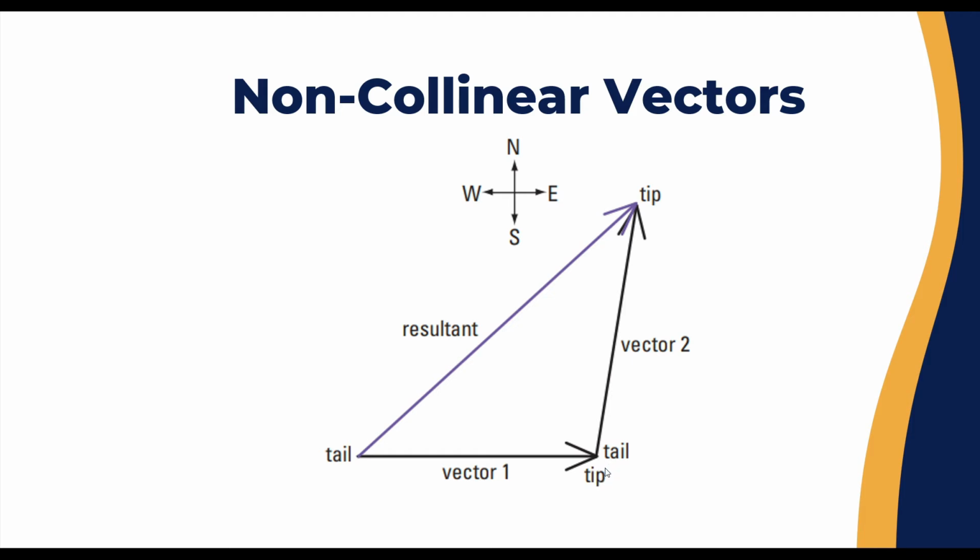And you have vector 2 going northeast, and you need to find the resultant of those two vectors as we learned in vector addition. In this case, the resultant is going from the tail of the first vector to the tip of the second vector while taking an angle. How to solve non-collinear vectors, how to add and subtract them, that's what we will learn in this lecture.